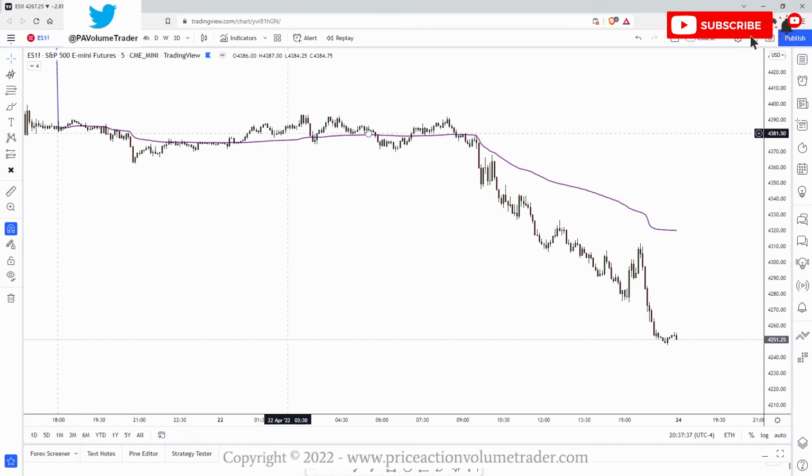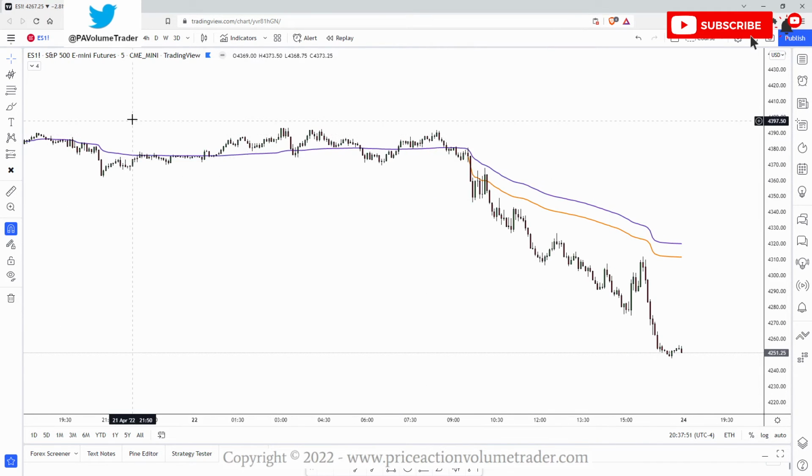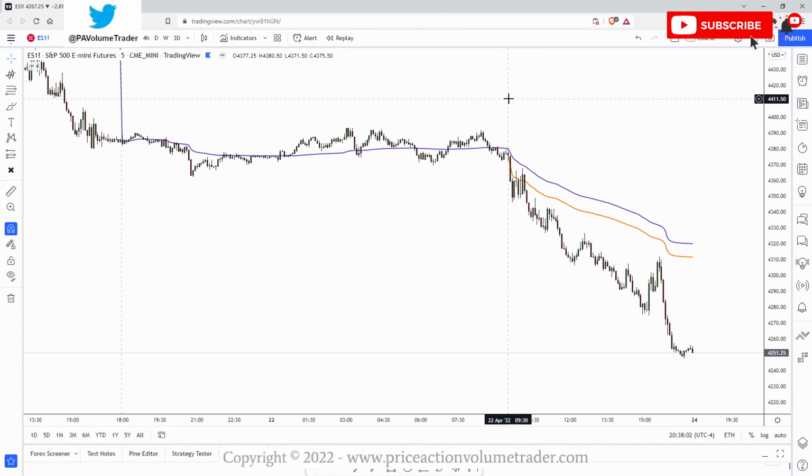So you can use a VWAP there, or what I do, especially for regular trading hours, is I'll go to 9:30 a.m. when the stock market opens and anchor it there, and you can see how now you can have a VWAP specifically just for the regular trading hours if you are in the futures market.